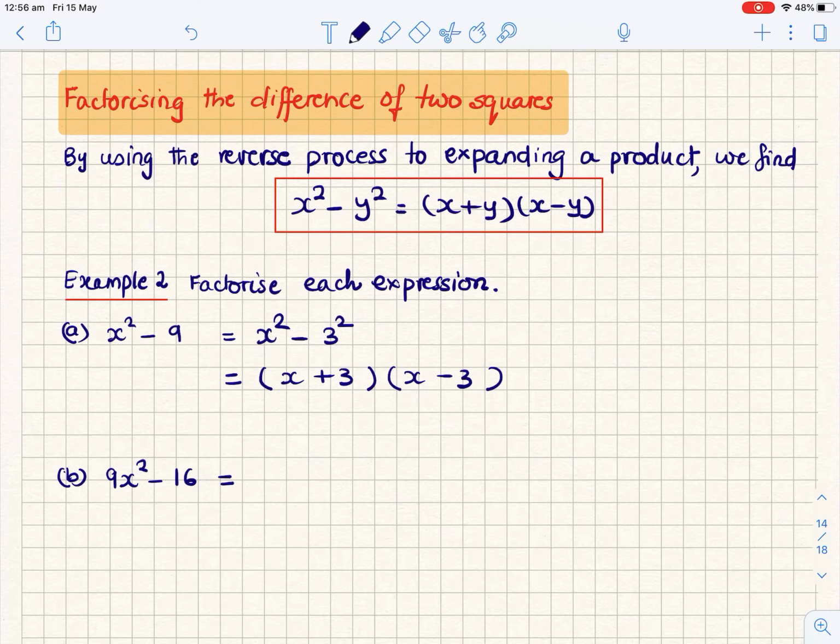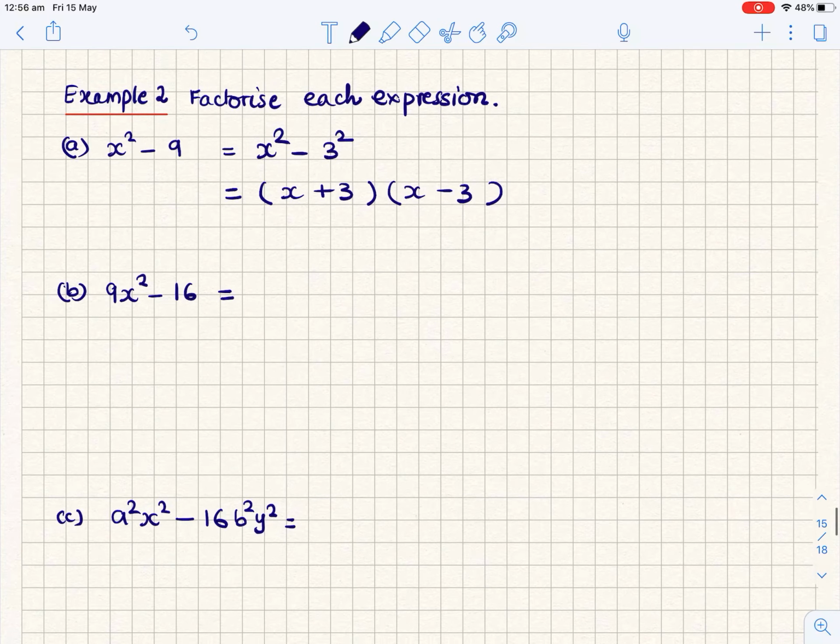It doesn't matter whether you write with plus in between first or minus sign in between them. 9x squared minus 16 can be written as 3x whole squared minus 4 squared. Again, it's difference of squares. Set it out first. In the first parenthesis, I can write 3x plus 4. Second parenthesis, 3x minus 4.